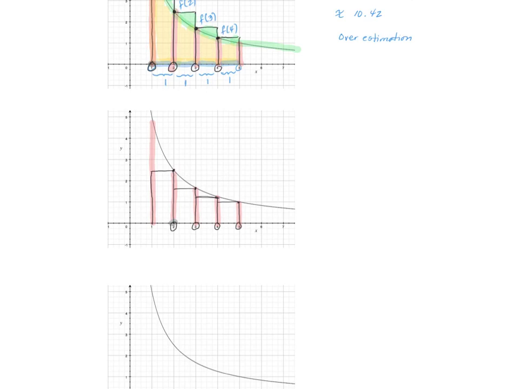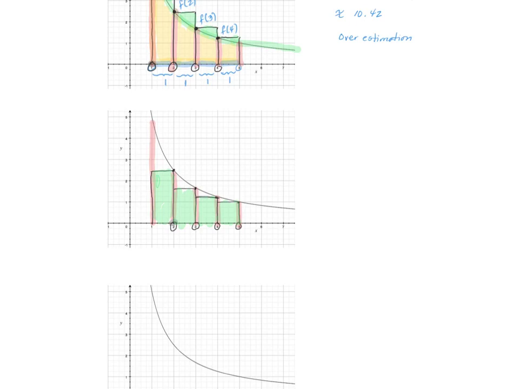So this is the total area that I'm going to be computing with these rectangles. And as you can see, this actually is an underestimation of the area between my curve and the x-axis.